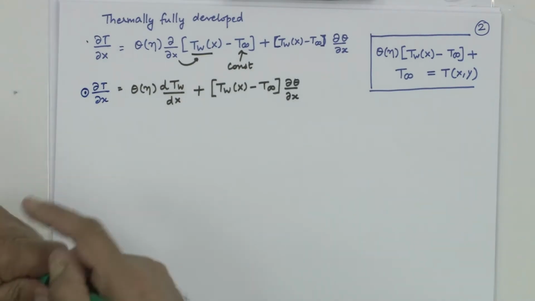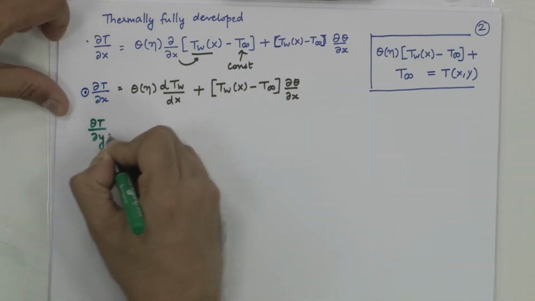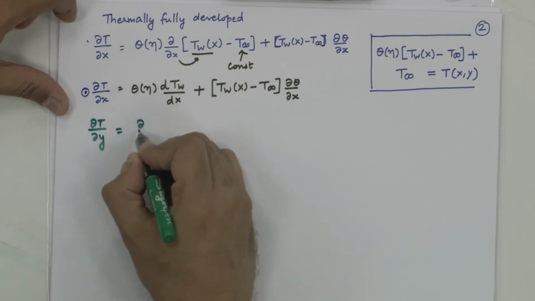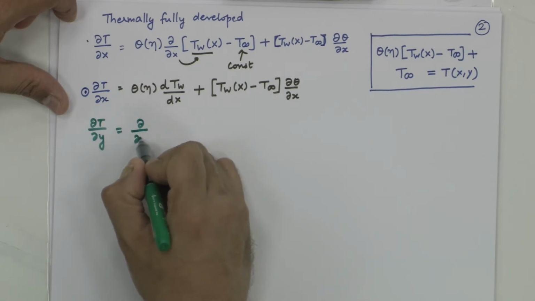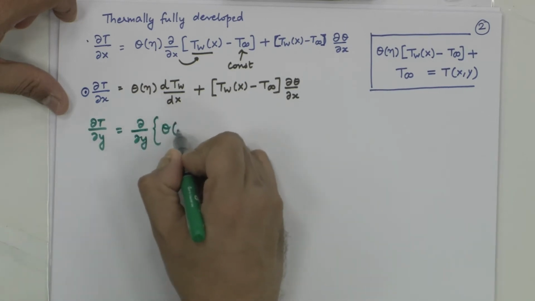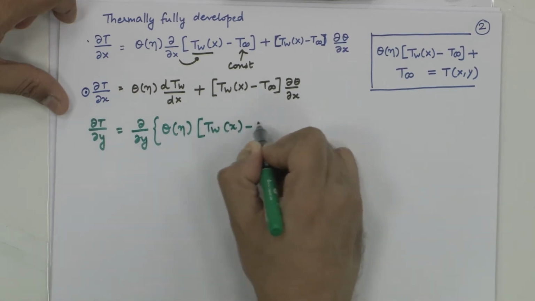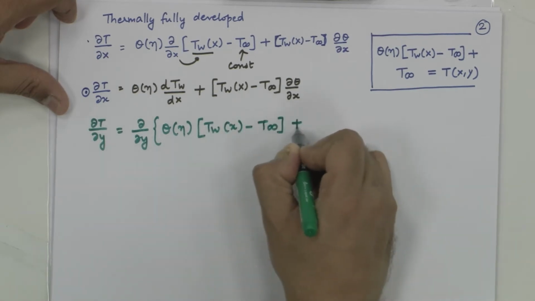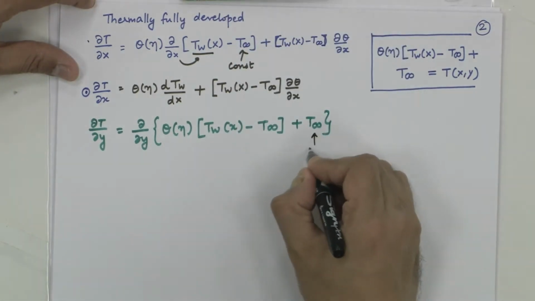Next, we will write dT by dy. dT by dy is d by dy of this quantity, so d by dy of theta of eta times Tw of x minus T infinity plus T infinity. T infinity is a constant.